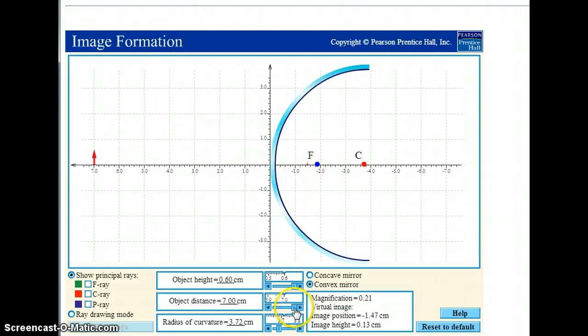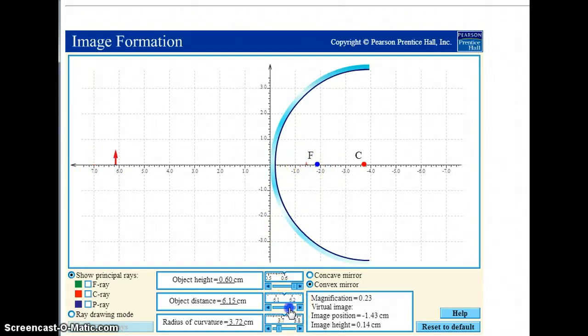So I'm not so worried about the plug and chug. I just want you to remember the overarching picture, which is that if the object is at infinity, the image is at the focus and its magnification is 0. You can see here I've brought the object in a little bit, so the image is still very small, but it's there and it has moved in from the focus.